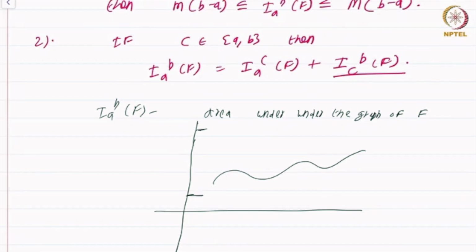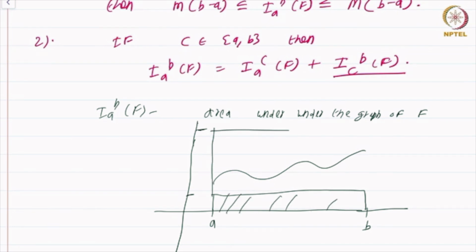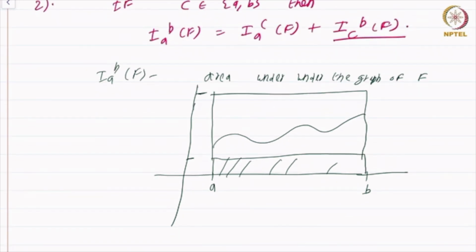Okay, so let's draw these figures from A to B. So this is A and this is B. So small m is here, so consider this rectangle and consider this larger rectangle. Now look at this area.